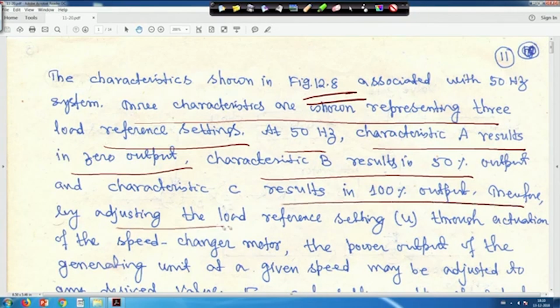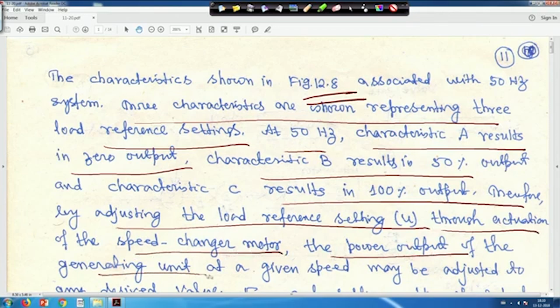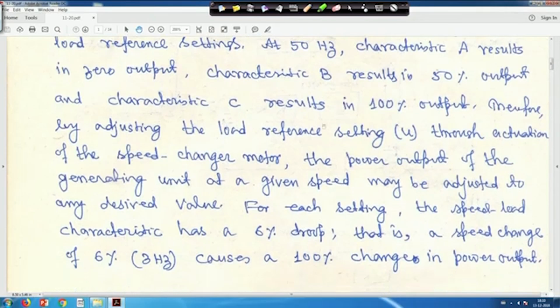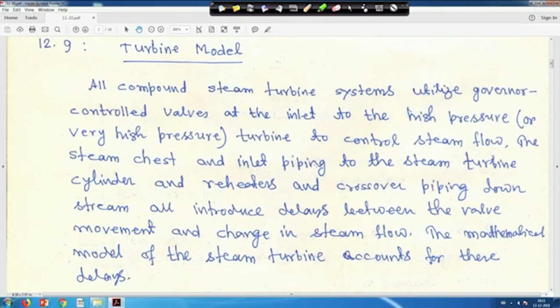Therefore, by adjusting the load reference setting U through activation of the speed changer motor, the power output of the generating unit at a given speed may be adjusted to any desired value. Later we will see a little bit more about that. For each setting, the speed-load characteristic has a 6% droop, that is, a speed change of 6%, or 3 hertz, causes a 100% change in power output. This we have seen before, right.